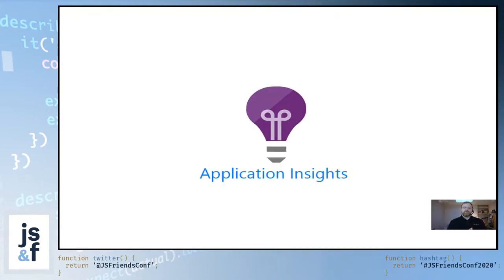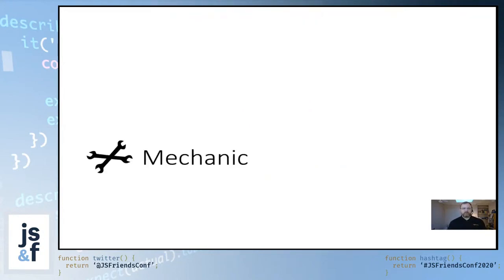All right, now that we've looked at how we can collect information from our application and query that information in App Insights, let's go back and revisit the roles and see how App Insights allows us to fulfill these roles more effectively. We looked at how App Insights can collect information about the machine.